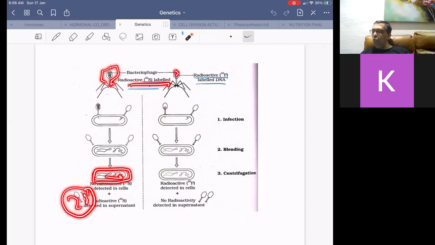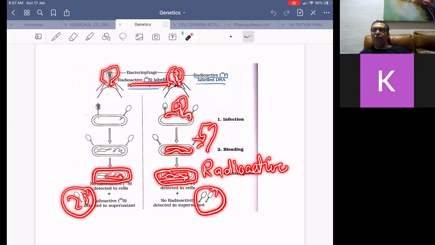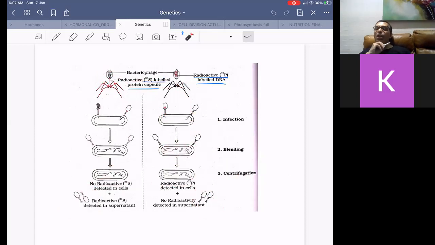But when P32 DNA was radioactive, and when the bacteriophage attacked the bacteria, then it must have passed its DNA inside, and the capsids became supernatant. और DNA यानी बैक्टीरिया के अंदर रेडियोएक्टिविटी डिटेक्ट की गई, it was radioactive, which clearly proves that DNA containing P32 is a part of the genetic material. उसकी मदद से daughter bacteriophages बनेंगे, and this was a nice conclusive evidence to prove that proteins do not enter into the bacteria.